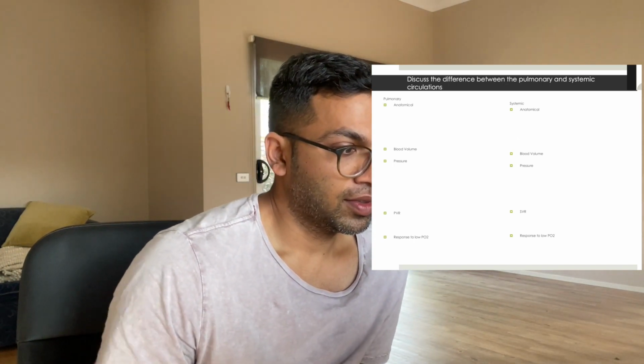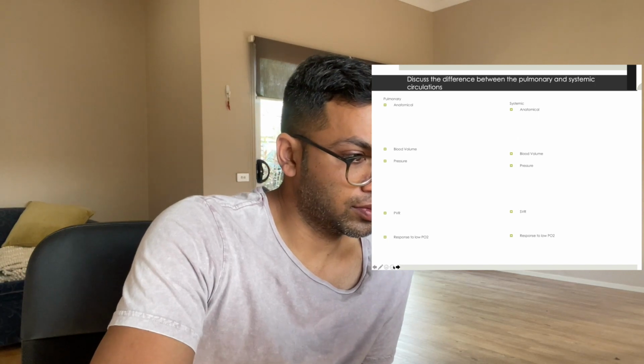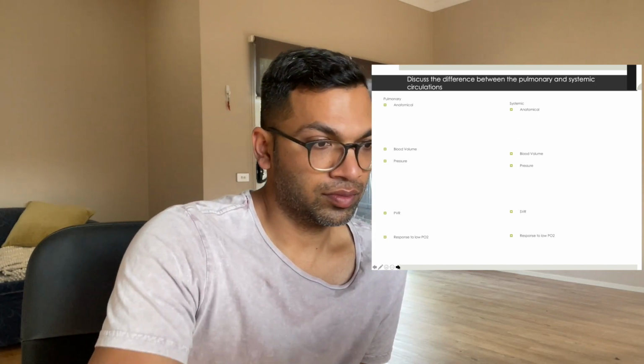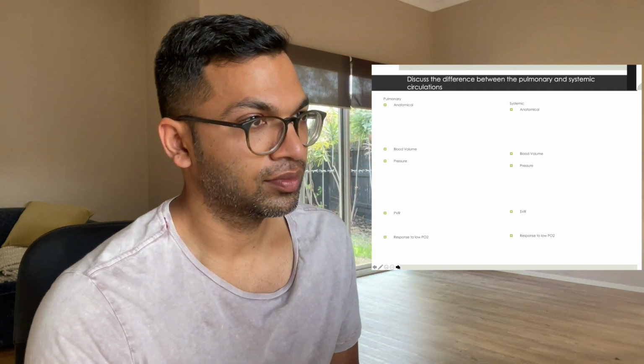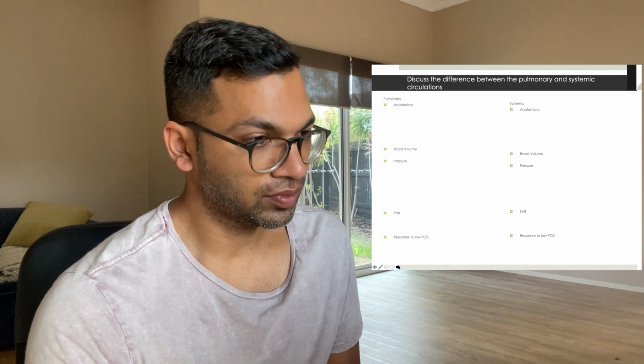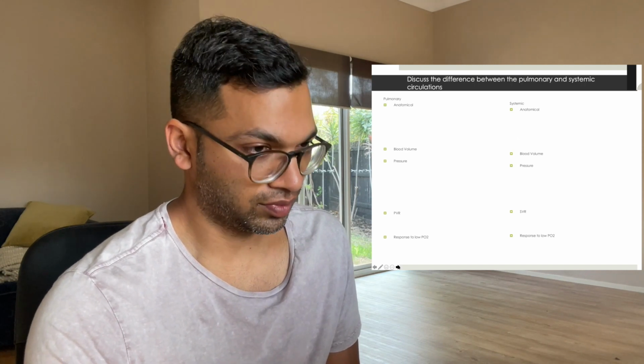And then the next one is pressure. Like I said before, pulmonary is low pressure, on average about 25/8 with a MAP of about 15. And the systemic will be 120/80 with a MAP of about 90.